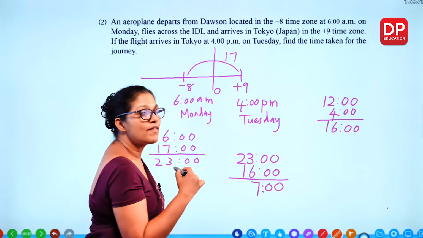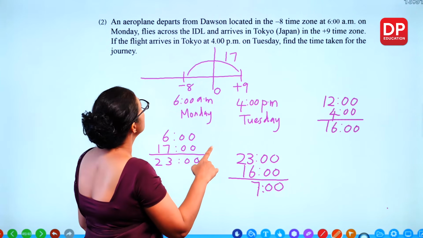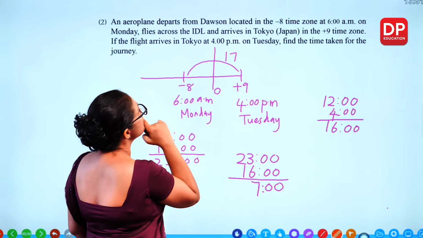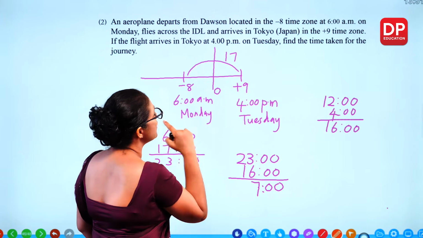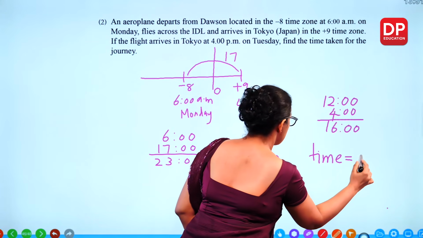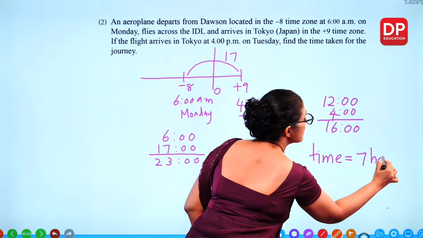So 7 hours duration is the flight time. So they are asking what's the time taken for the journey. So time is 7 hours.